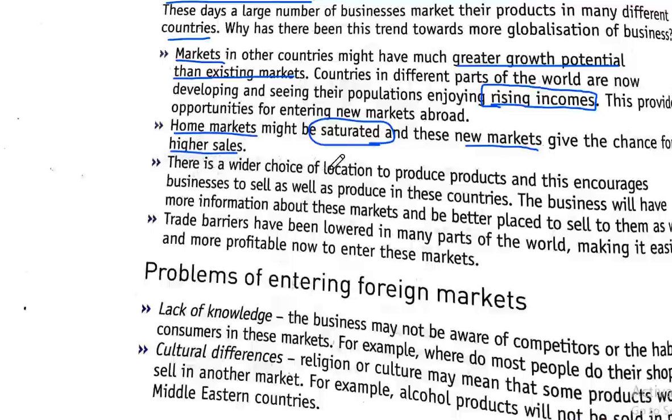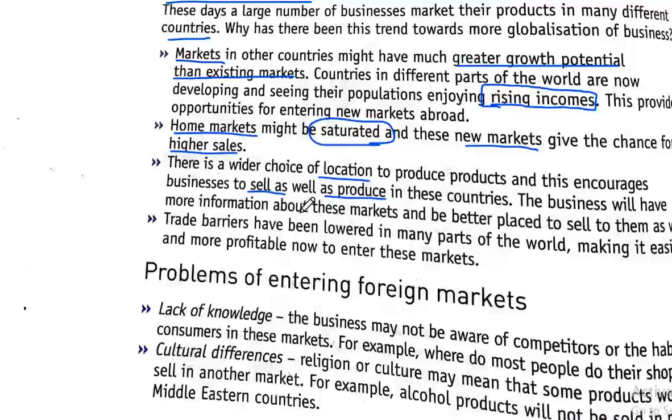There is a wider choice of location to produce products, and this encourages businesses to sell as well as produce in these countries. So countries abroad not only allow the business to sell, but also to produce, based on the location. The business will have more information about these markets and be better placed to sell in them as well.